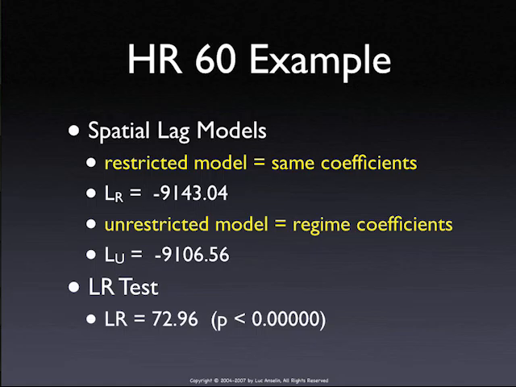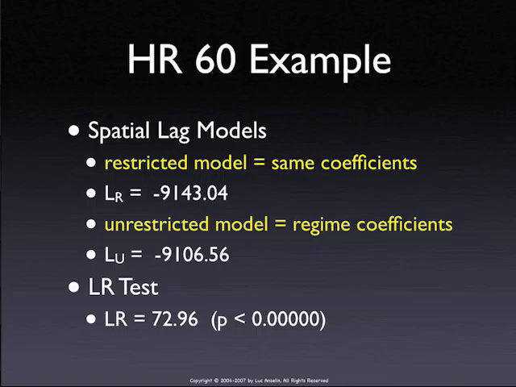And so if the constraint is valid, then the fit between these two should not be very different. And it's the same as what we did yesterday. What is not very different, that depends on the standard errors. And so once we have those, we can carry out this test. So it's actually a straightforward thing to do, as long as, of course, you estimate these models as a lag model or as a spatial error model.